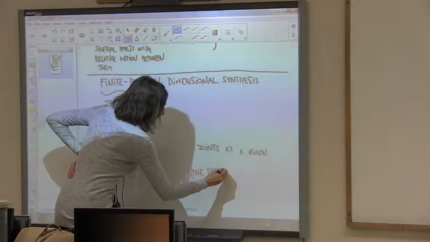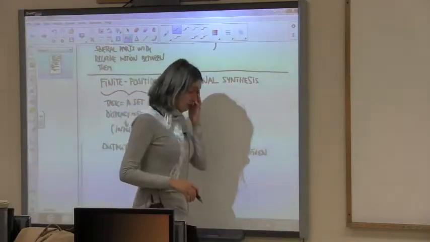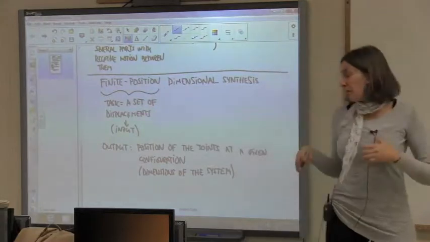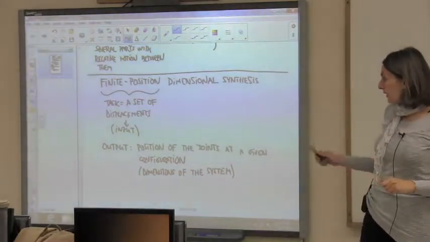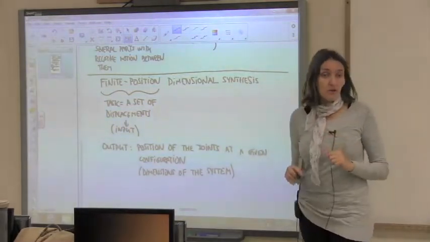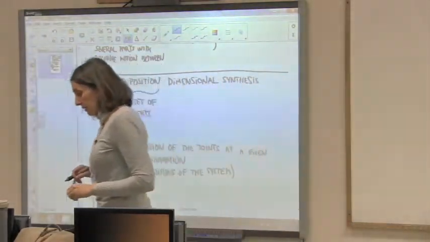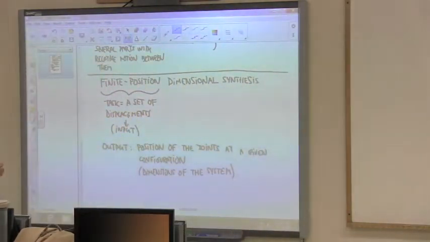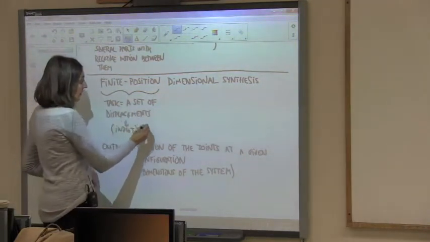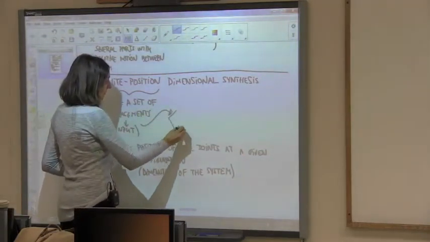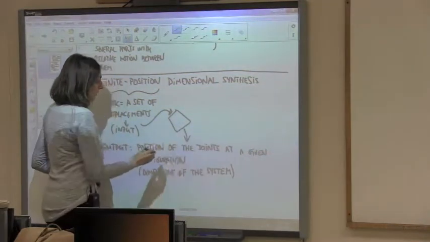And I don't want to talk about links because really you can have many different links that will give you the same motion. The real important thing is where the joints are, okay, for the kinematics. So now we need to create some kind of equations that take this as an input and then give you this as an output, right?